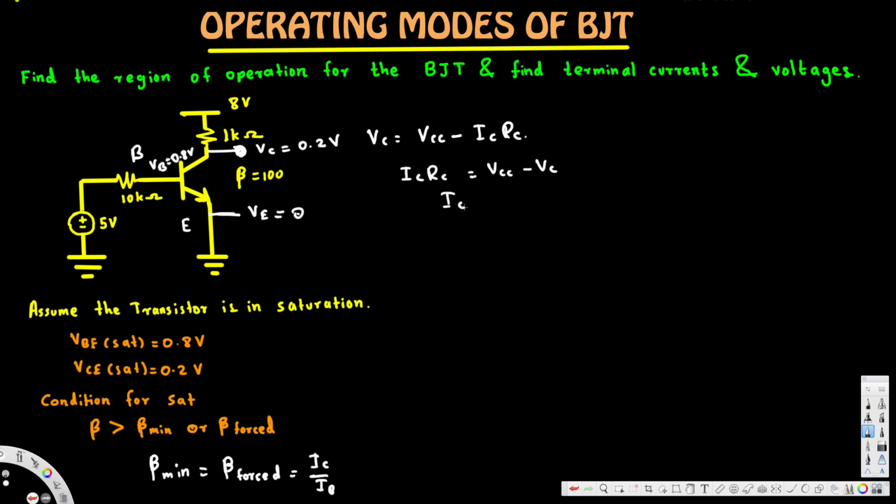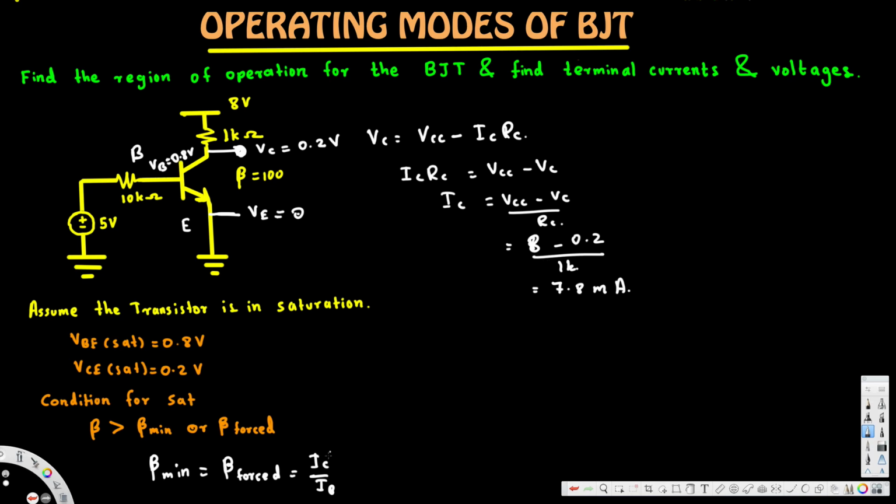Therefore IC is going to be VCC minus VC divided by RC. VCC is 8 volts, VC is 0.2, divided by RC, that's 1K. So we get 7.8 divided by 1K, that's going to be 7.8 milliamperes. This is our IC value.